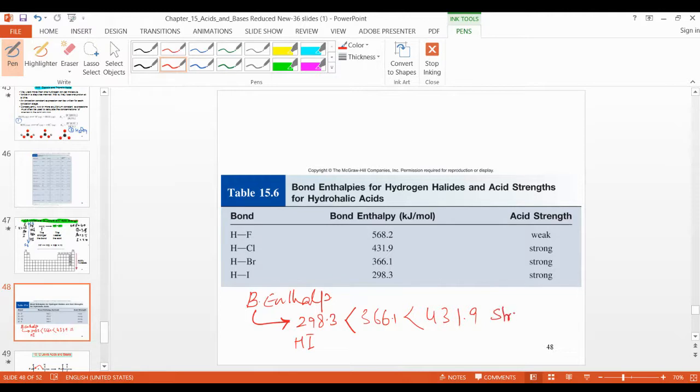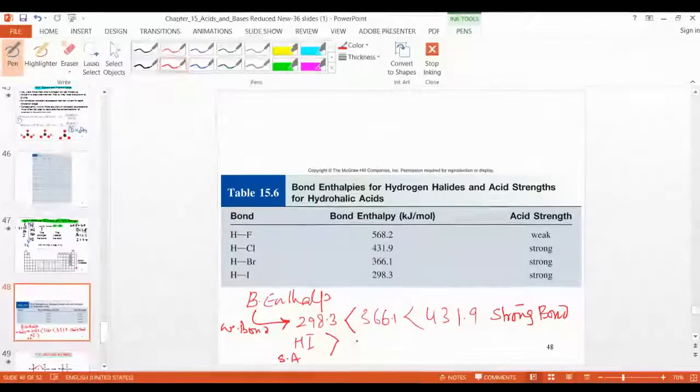So this is a strong bond. This is a weak bond. So now this HI is a strong acid, then HCl, then HBr. Okay, 1, 2, 3.